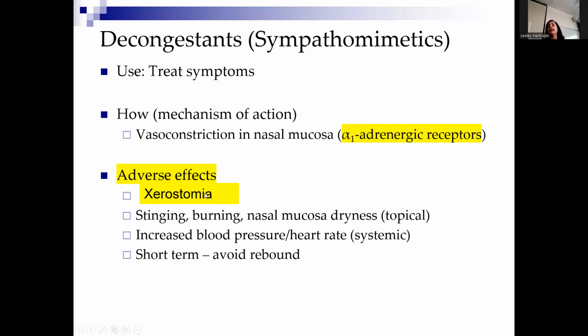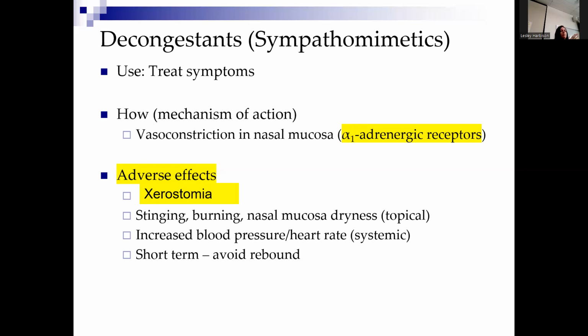Adverse effects, again, here we have xerostomia. You can have some localized, topical burning within the nose. Increased blood pressure and heart rate, that's systemic. That's probably not as likely if you're using something very local, but some people can be very sensitive. Everyone reacts differently to medications, so that's a possibility. And then in general, short-term use, because there is a rebound for some of these medications.